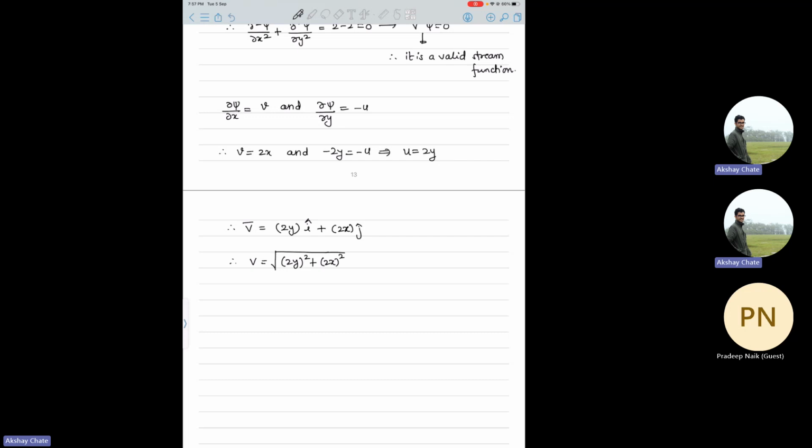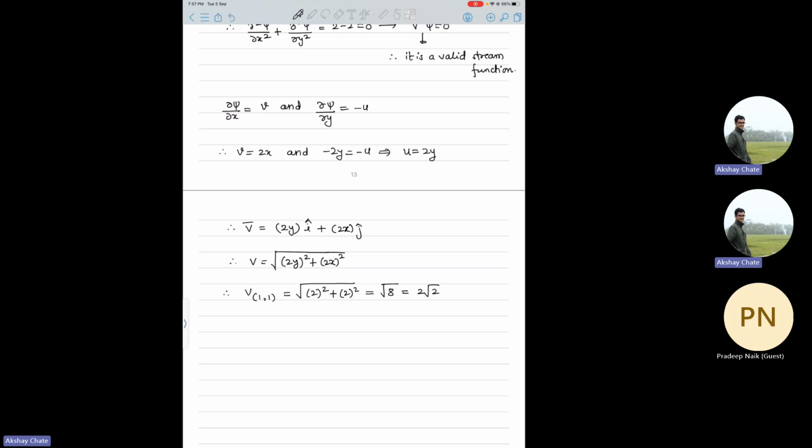At point (1, 1), it becomes the square root of 2 square plus 2 square, which is square root of 8, which is 2 root 2. So this is the answer.